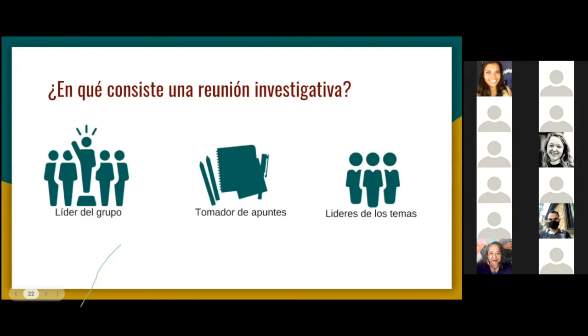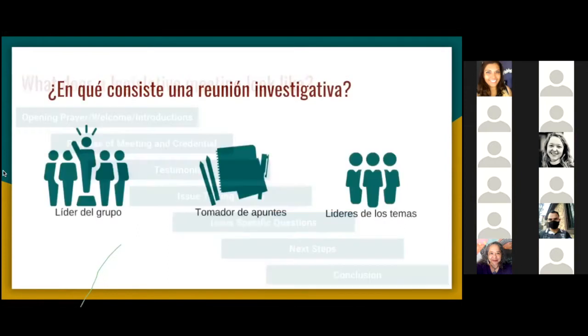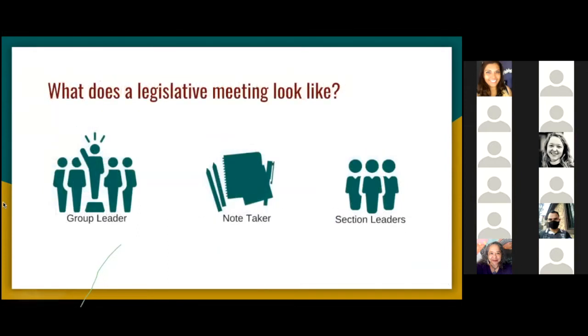And then you will have section leads. Depending on the kind of research meeting that you would like to have, section leads could talk about personal stories or testimonies that they would like to share about their own lived experience. They could also talk about issue-specific talking points.